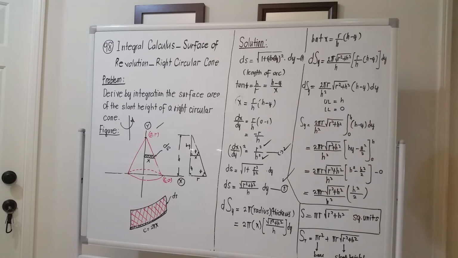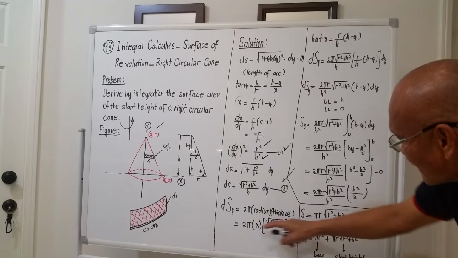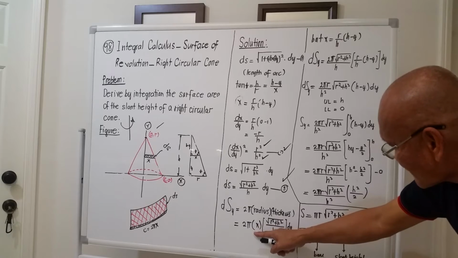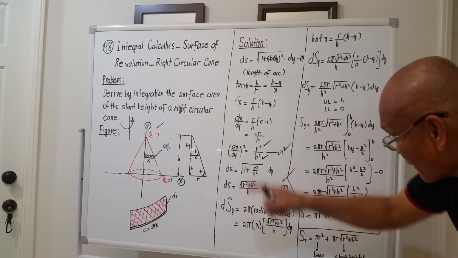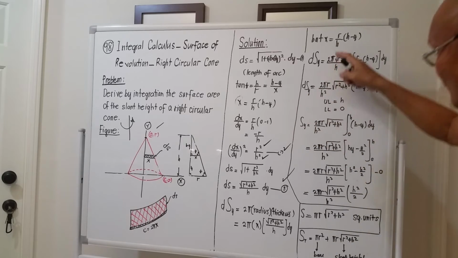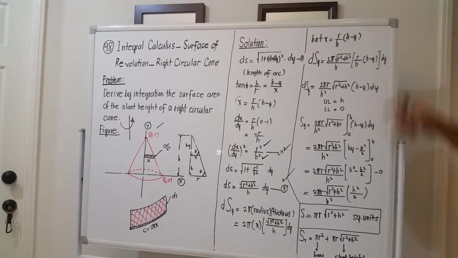And if you try to inspect it, the variables on the right hand side contain y and x. So to take the integral, we must replace x in terms of y. But we know the relation, we'll go back here. Okay? So x is equal to r over h times the quantity h minus y.